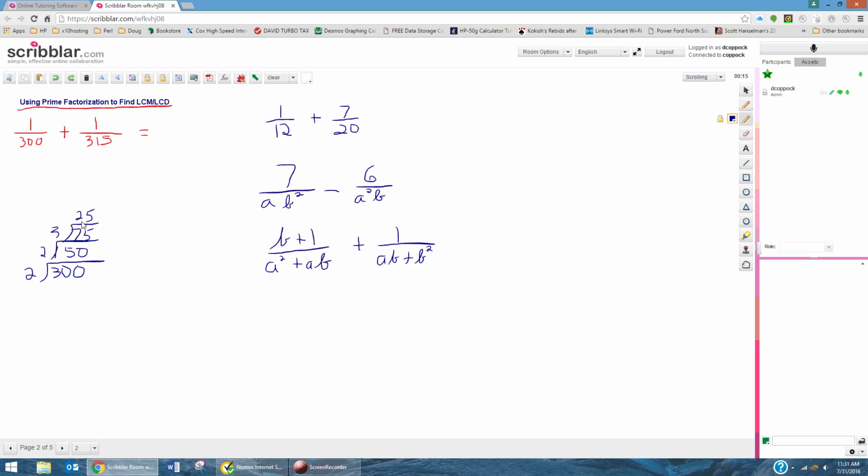Digits don't add up to a multiple of 3, so I move on to the next prime number, which is 5. And when the quotient is a prime number, you're done. So 300 can be rewritten as 2 squared times 3 times 5 squared.